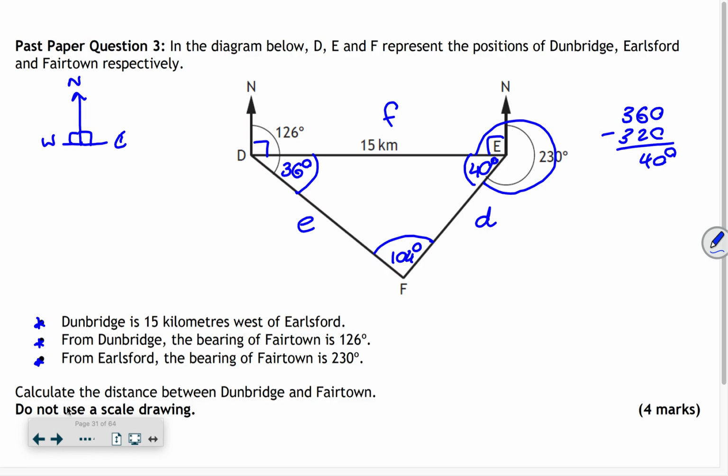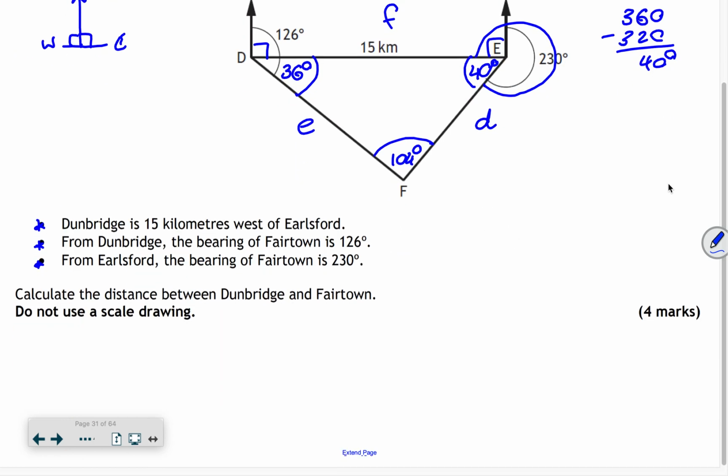So let's have a look at this bit here. It says calculate the distance between Dunbridge and Fairtown. This diagram is getting pretty messy, so let me draw it out properly. Immediately I'm going to make this question a lot simpler.